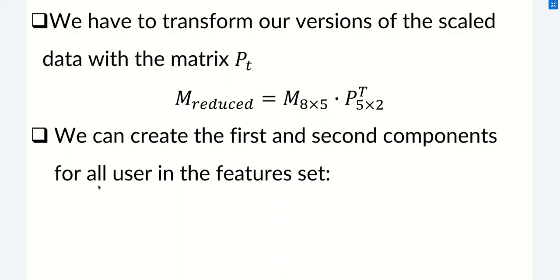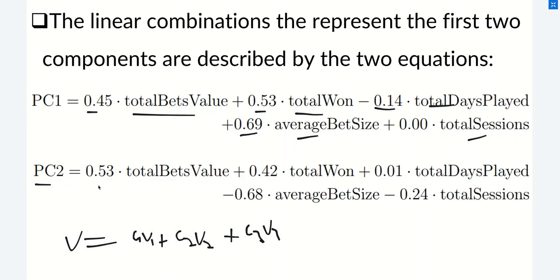So what have we done here? We're able to transform our scaled data with our matrices. So our new reduced data is the new transformation multiplied by this, and this is our approximated matrix. Now let's look at it.